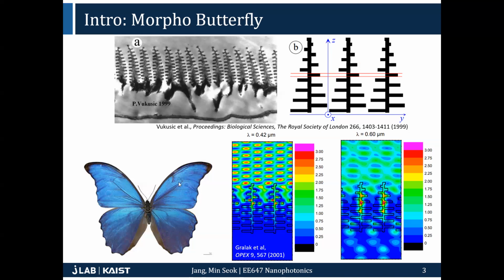Because this optical property depends on the incidence angle, the butterfly looks a very fabulous color. Depending on the viewing angle, the color slightly changes, which looks very marvelous.